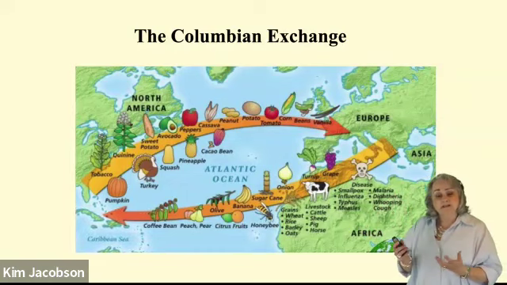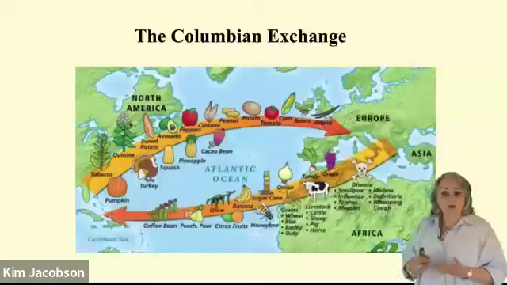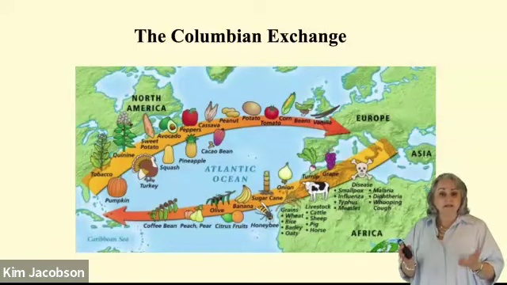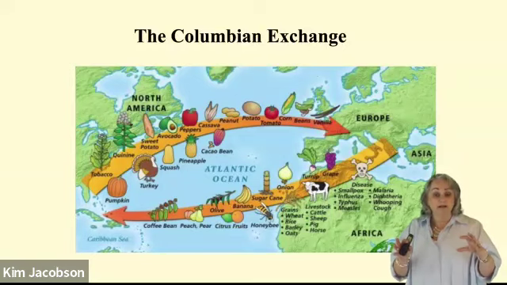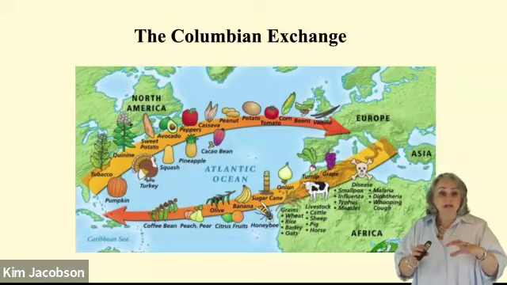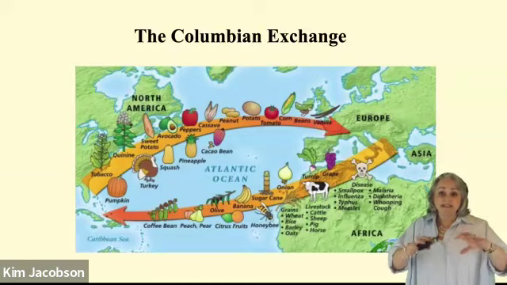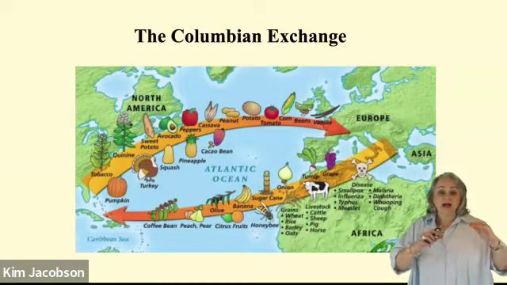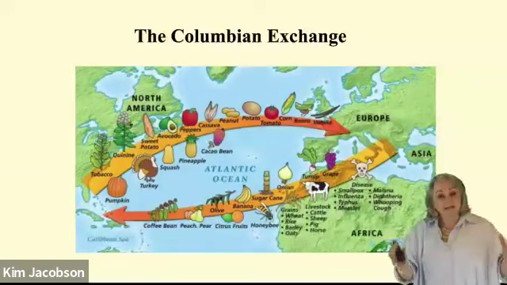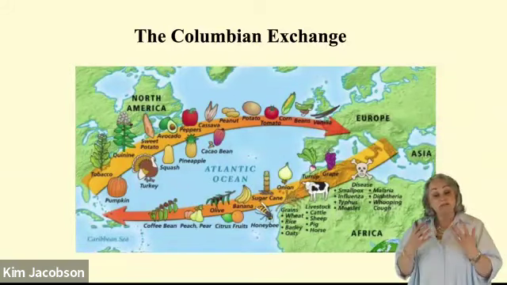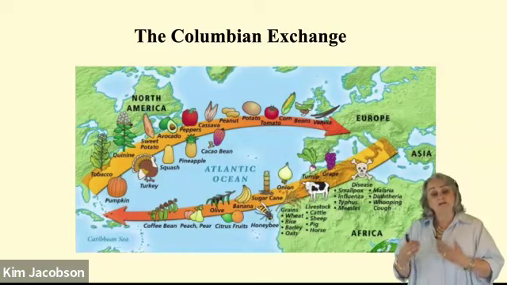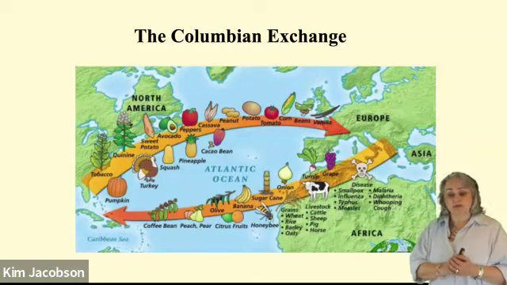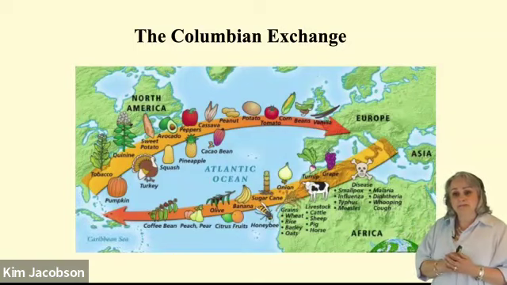So the diseases that you see there listed, smallpox, influenza, measles, devastated the native population of the Caribbean islands to the degree that illness, sickness was so devastating to them, and the idea of slavery was so devastating to them that actually many thousands committed suicide rather than undergo what had happened to other members of their tribes.